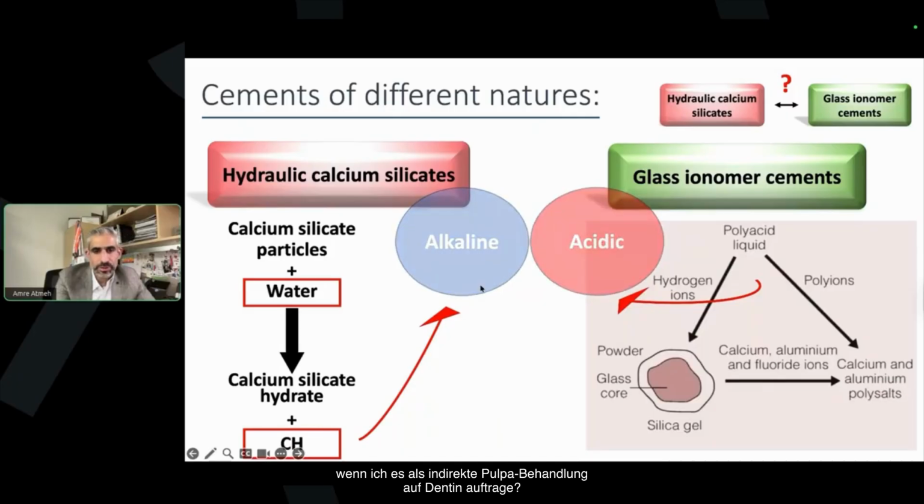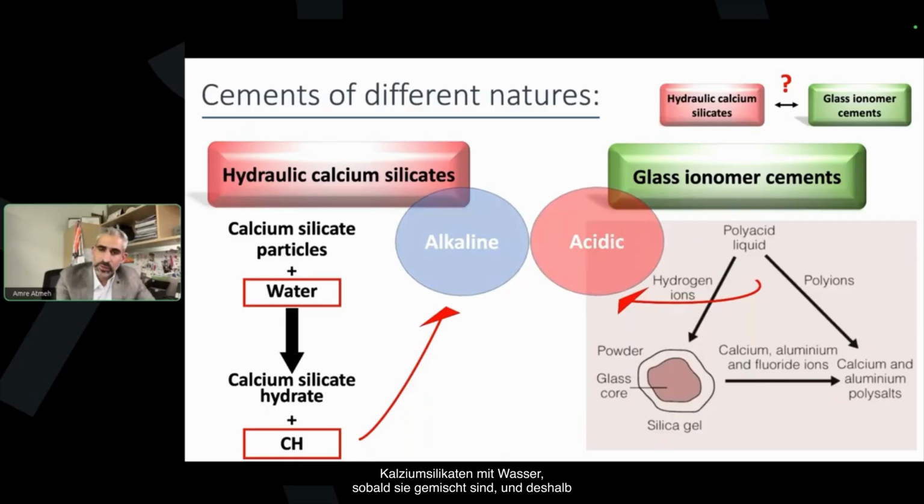So the calcium hydroxide is the source of the high pH. While for the glass ionomer, the acidity comes from the reactants, because it is based on mixing a polyacid liquid with the particles. So this mixture will be acidic due to the presence of the acid in the reactants.